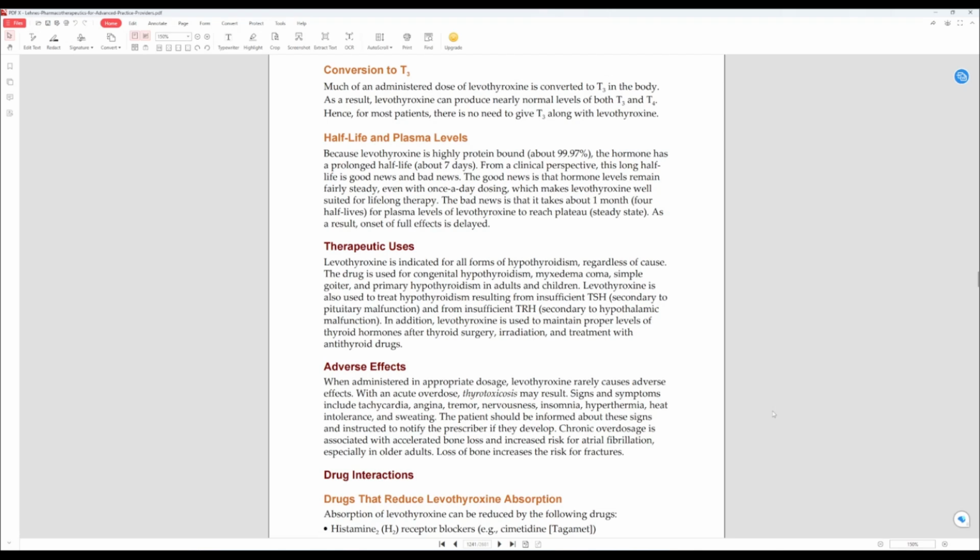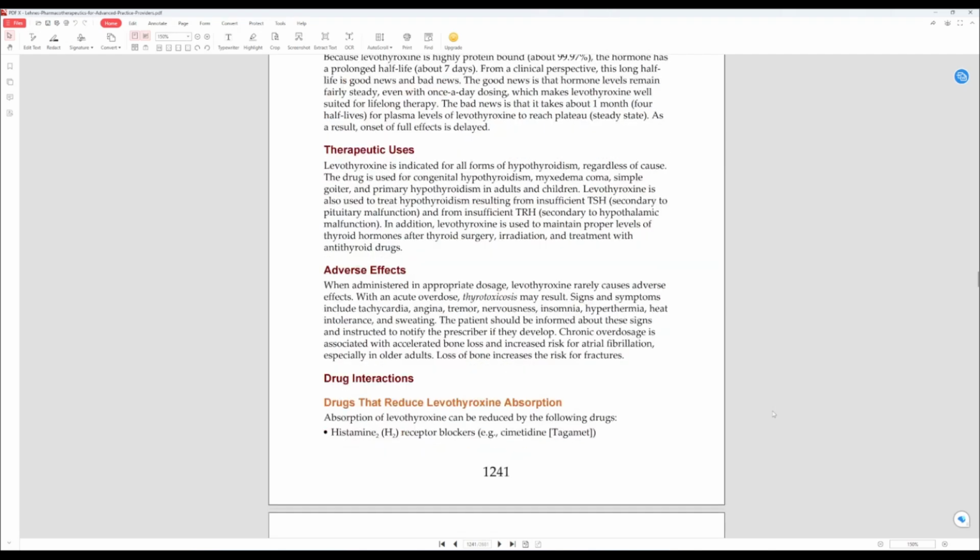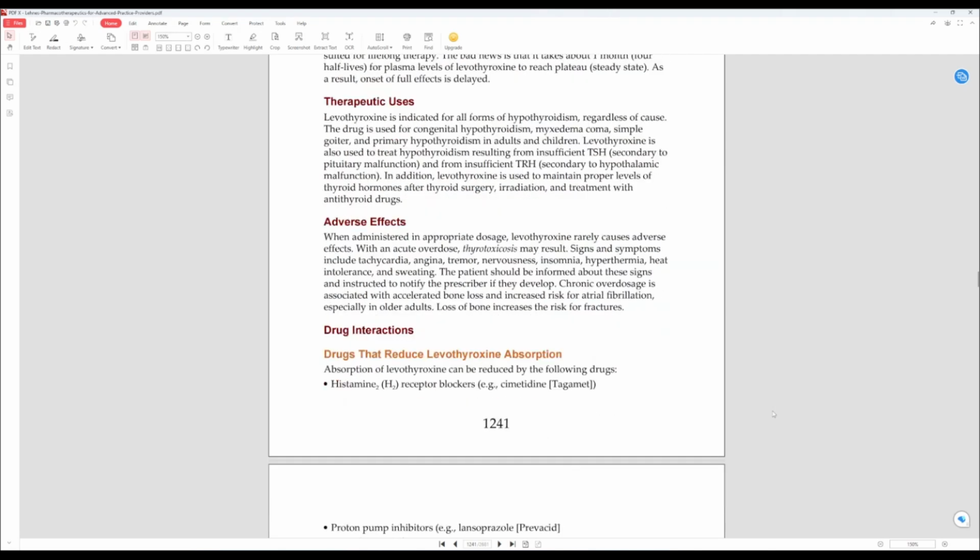The good news is that hormone levels remain fairly steady, even with once-a-day dosing, which makes levothyroxine well suited for lifelong therapy. The bad news is that it can take almost up to a month, or 4 half-lives, for plasma levels of levothyroxine to reach plateau or steady state. As a result, onset of full effect is delayed. Its therapeutic use, therefore.